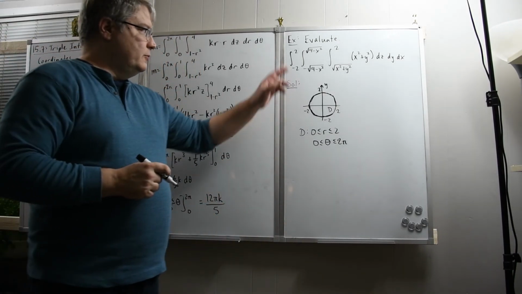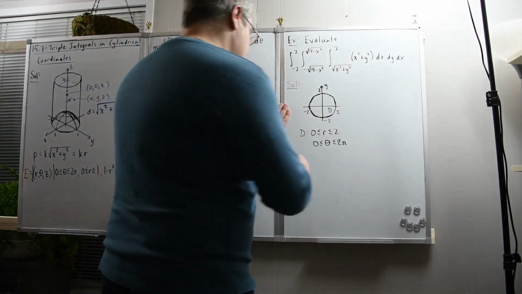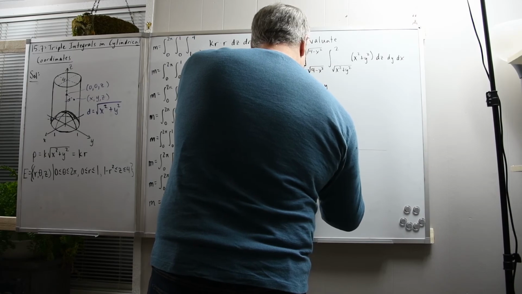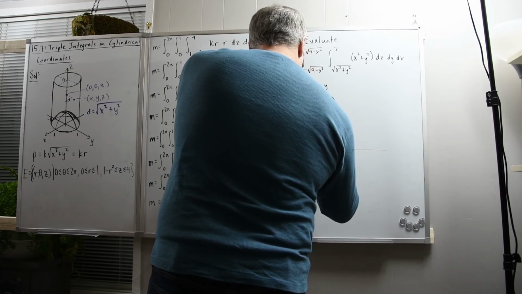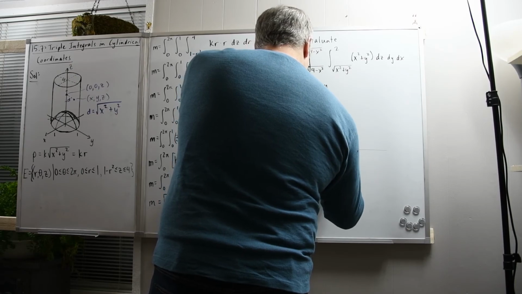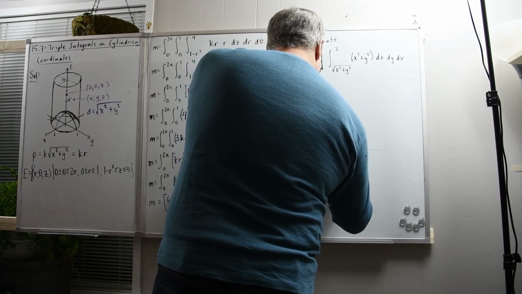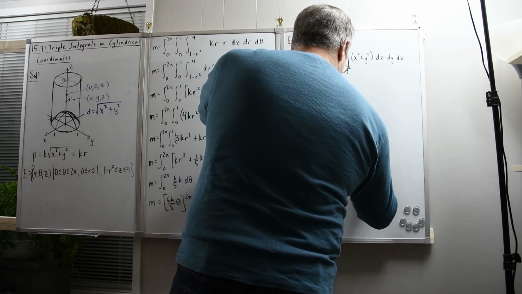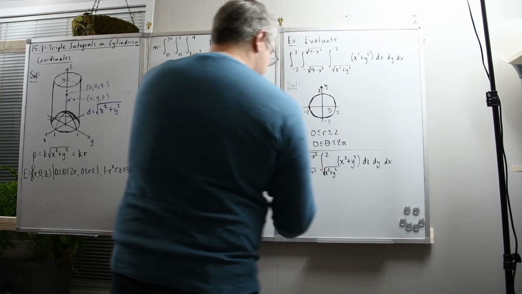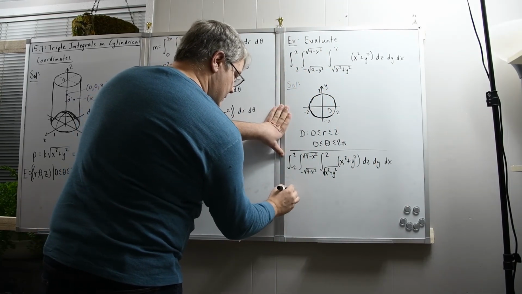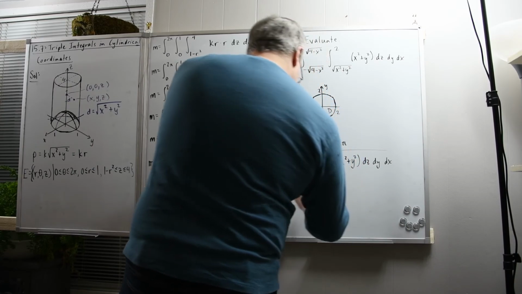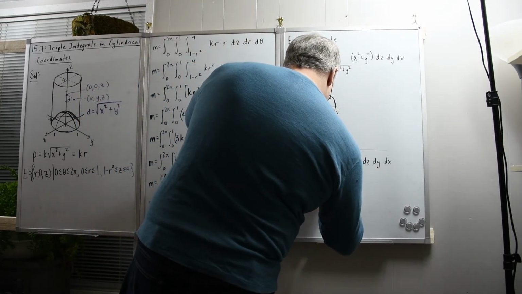And now what this means is that when we go back to this original triple integral, this leftmost integral, we can put 0 and 2 pi as limits of integration. In the middle, we'll have 0 and 2.